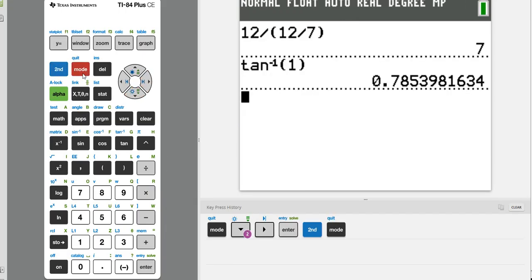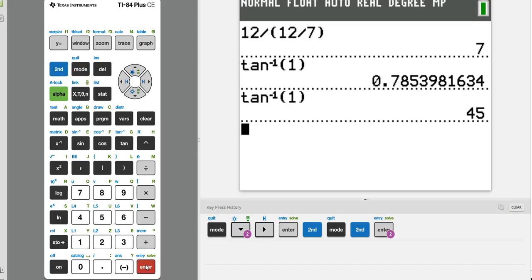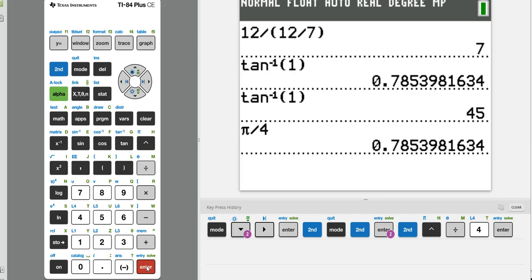If I put it in degree mode, oh yeah. But that's not the answer that you put on your sheet. What is 45 degrees in terms of radians? Is that pi over 4? Yeah, this is pi over 4. You can go back and check it by doing pi divided by 4 and going, oh yeah, now I remember.